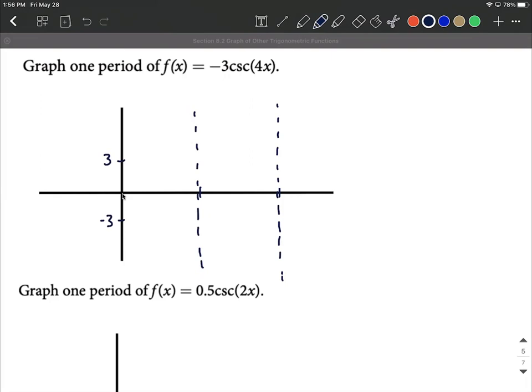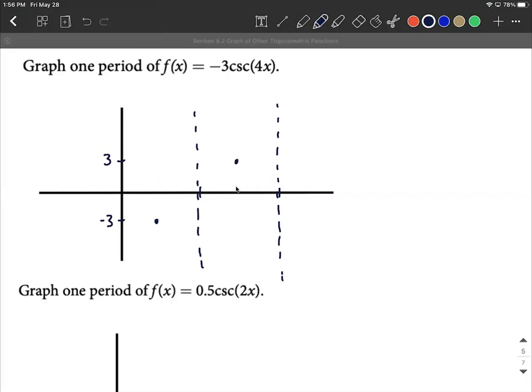So instead of our sine graph that normally starts and comes up here, has a highest point at +3, if our sine graph was flipped upside down, it would come down first, then come back to the origin, then go up, come back to the origin. So this is going to produce a point at the bottom in between those vertical asymptotes and a point up here above the x-axis between these vertical asymptotes.